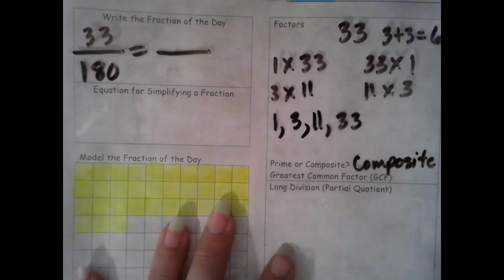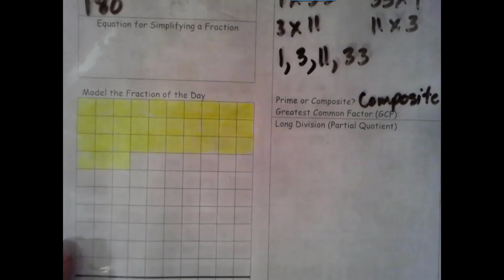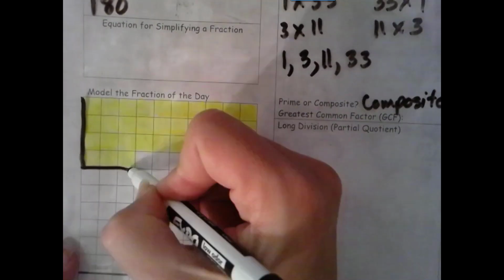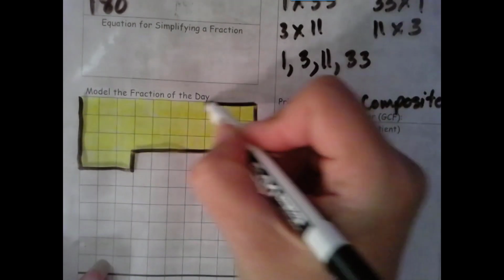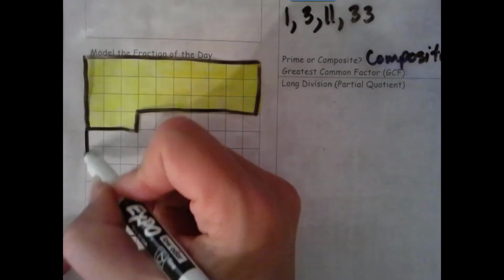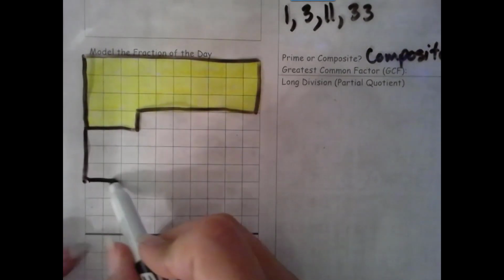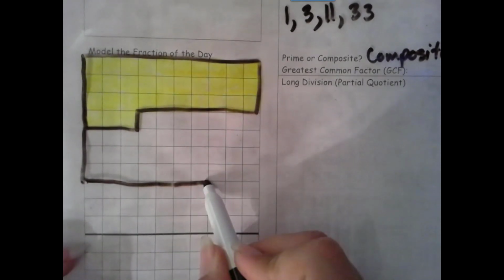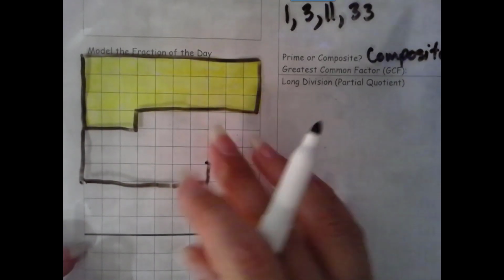Now we need to figure out which one of these is our greatest common factor. So let's start with our greatest factor of 33 and see if that works. Remember, it doesn't matter what your groups look like as long as there's 33 in each group. It does not have to look like mine at all.